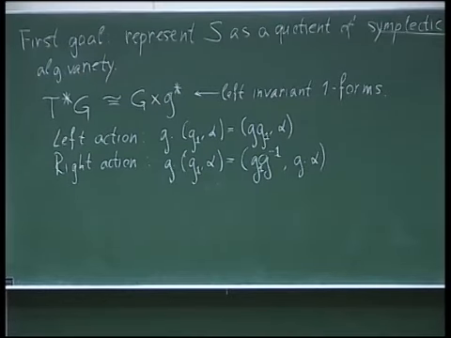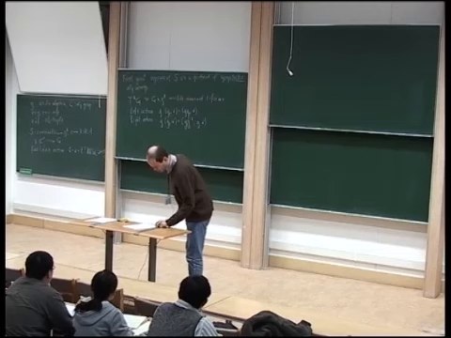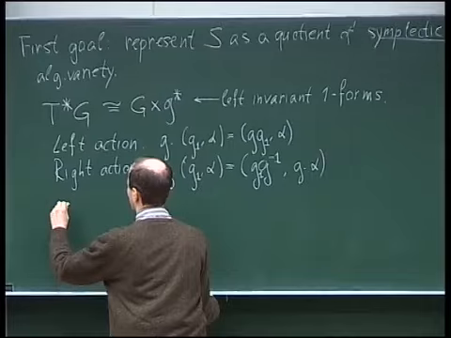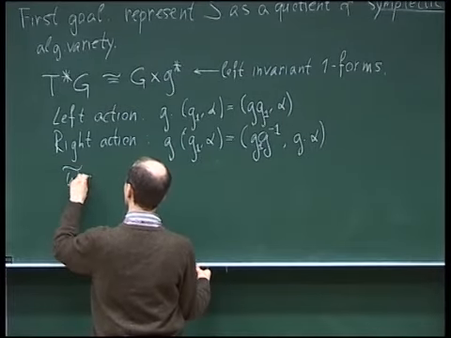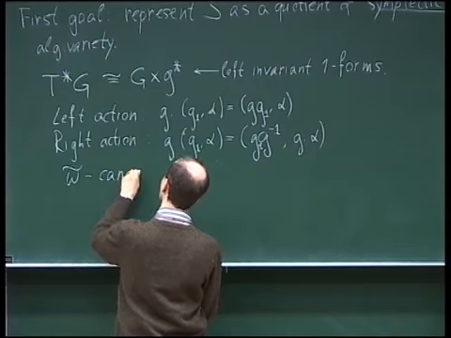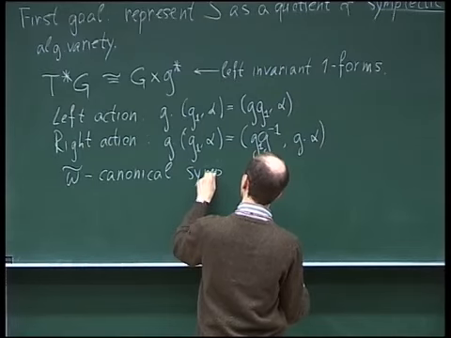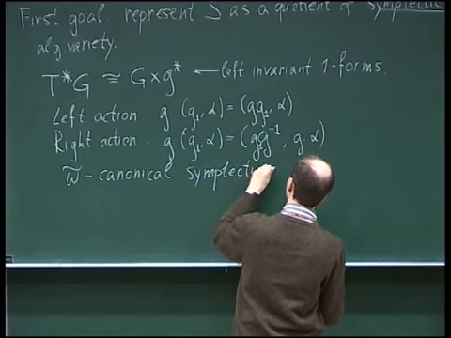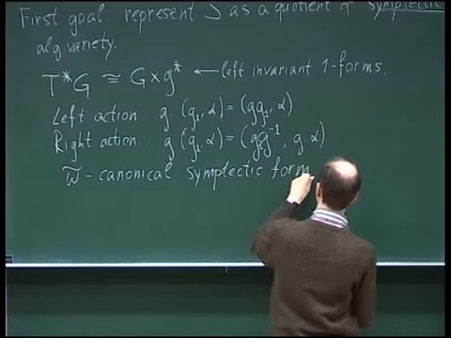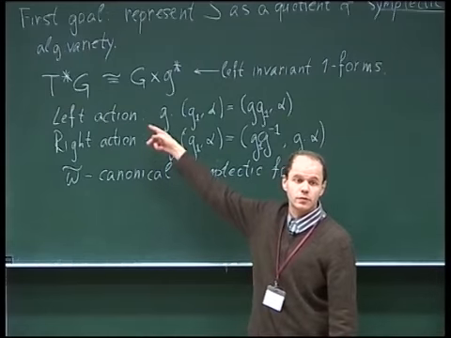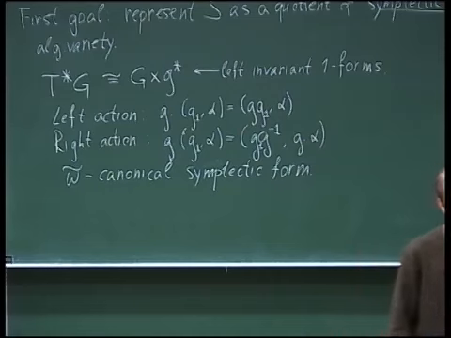Okay, now what else? I have the canonical symplectic form. Let me denote it by omega tilde. And of course, being canonical, this form is invariant with respect to both these actions. Okay.